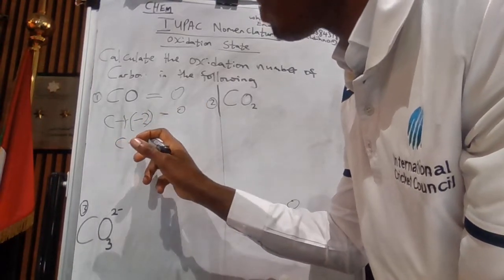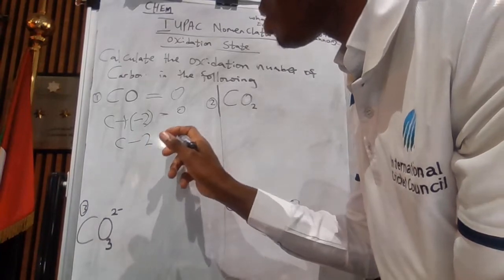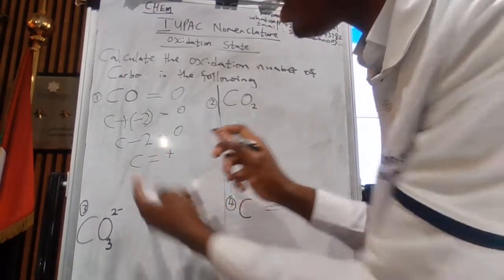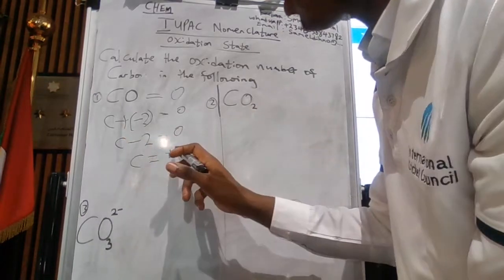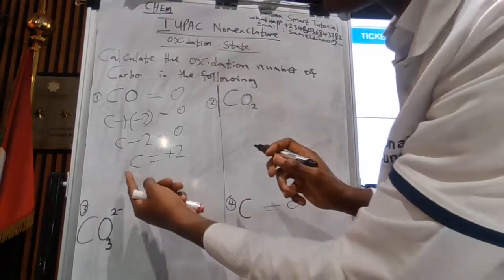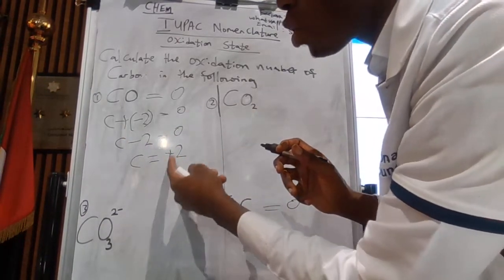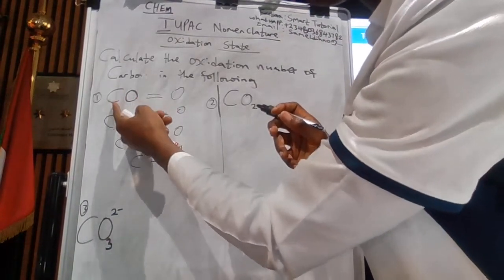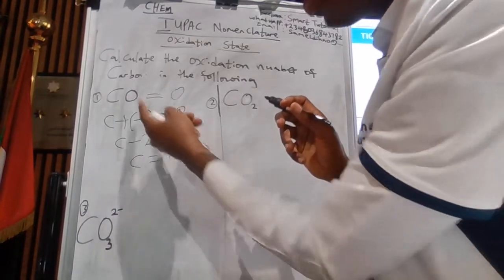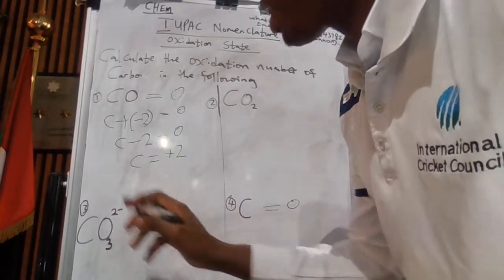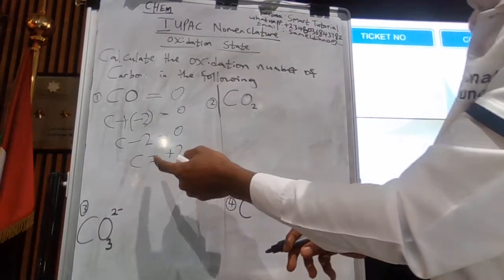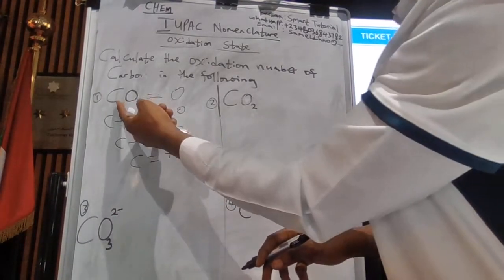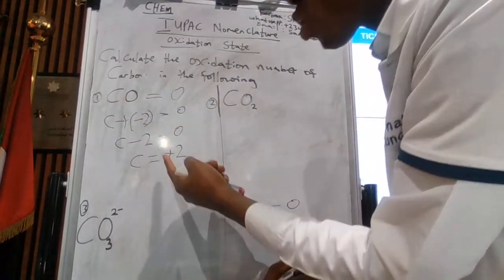If you do your calculation very well, carbon equals what? This is an equation already. -2 to this side is +2. So the oxidation number of carbon is +2. If you want to name this compound, it is carbon 2 oxide. That is the reason why this one is called carbon 2 oxide.